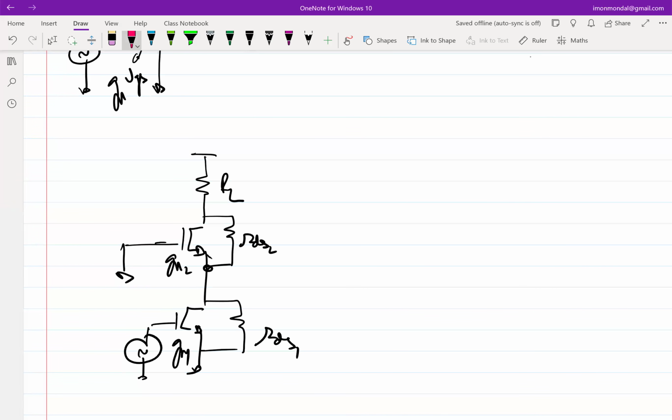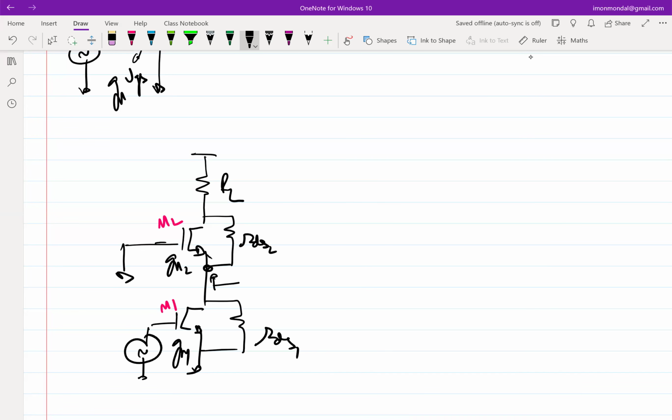So why would putting this transistor M2 have helped? It would have helped because we know from our previous experience, the input impedance of this is much lower than RL, right?